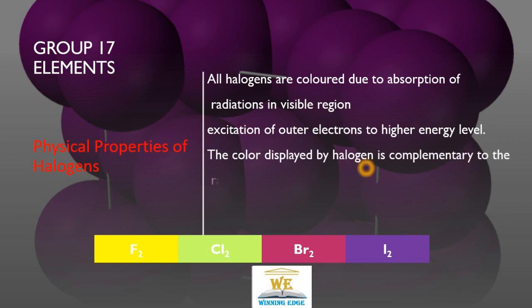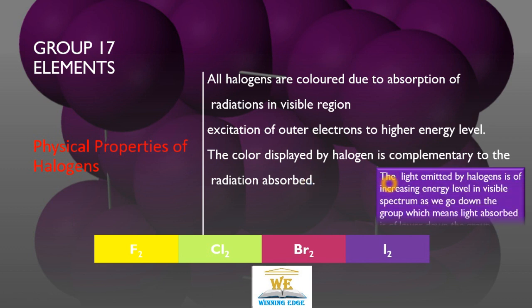The color displayed by halogens is complementary to the energy of radiation absorbed for excitation. The energy of light absorbed is lower as we go down the group.